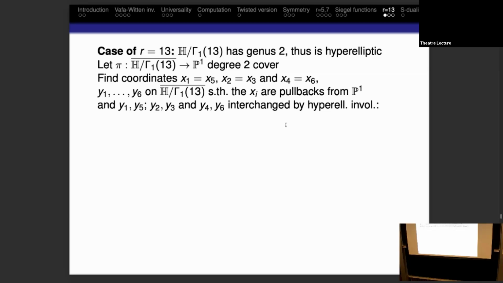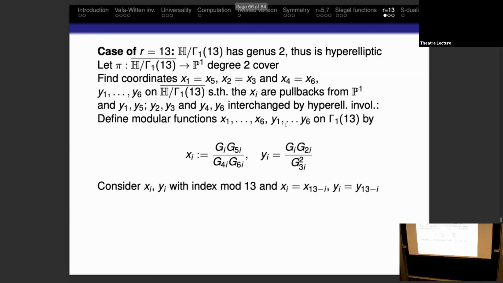We want to find this in terms of our Siegel functions, obviously, because that's the only thing we have. And so what we find is we define our x_1 to x_6, y_1 to y_6 in this way. x_i is equal to g_i divided by g_5i times g_5i, as you can see, and the y_i are in this form. You can see immediately that if I replace i by 5i, I get the same thing.